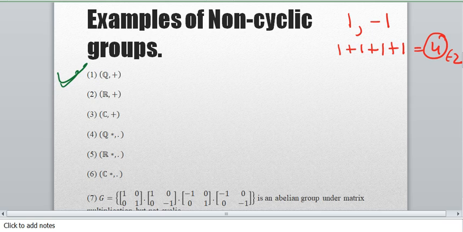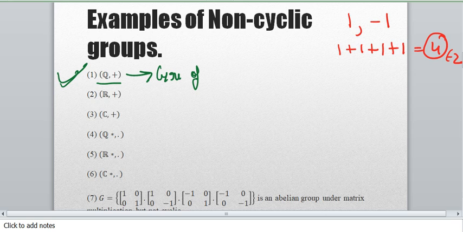The first one is Q plus, that means the group of rational numbers, not just a set. It is G because it is Q with plus as the binary operator.